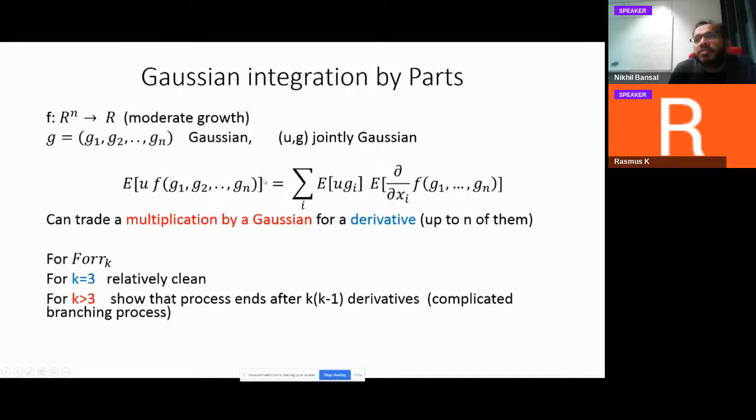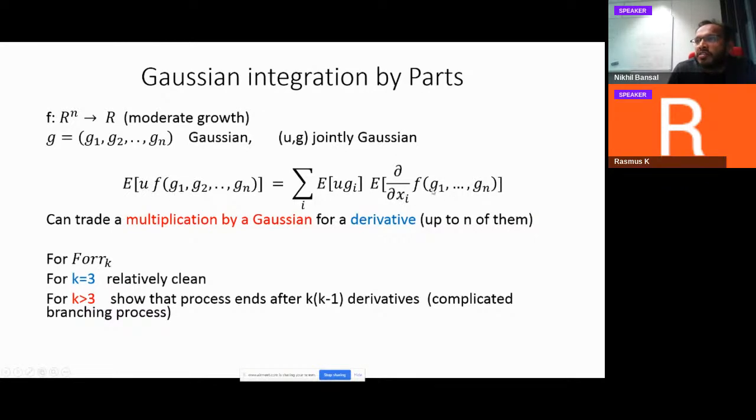And suppose you were interested in some complicated function of this Gaussian vector times this u, which might be correlated in funny ways with g1 through gn. It turns out there is an exact formula for this. Maybe the thing to notice here is that there was this product, which was annoying, times u.